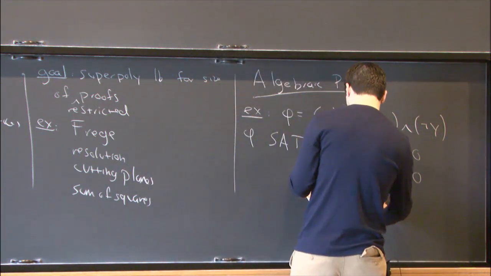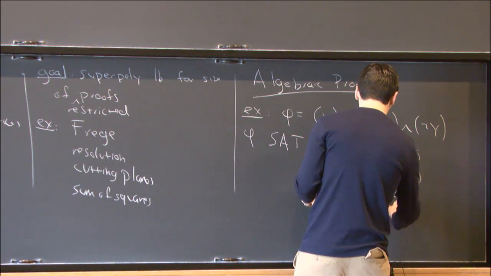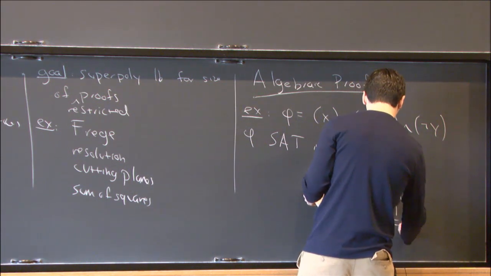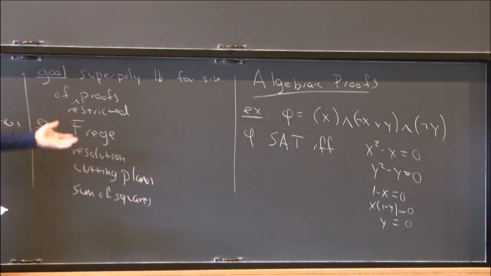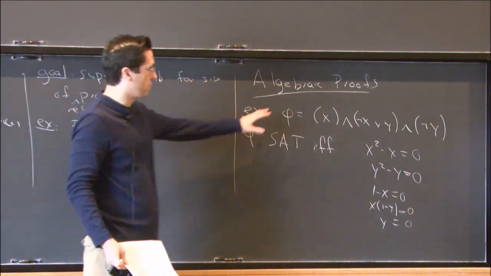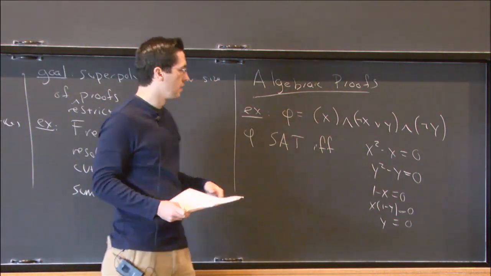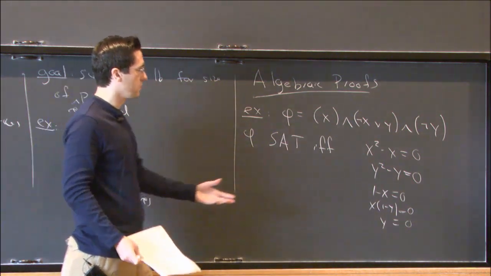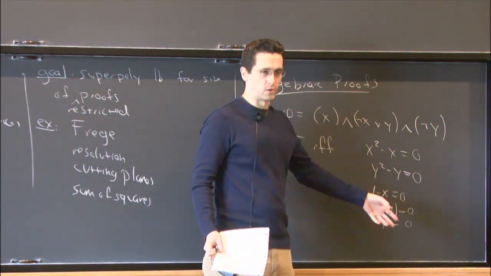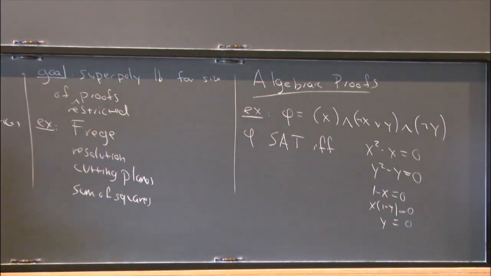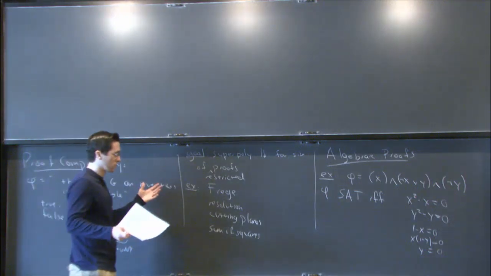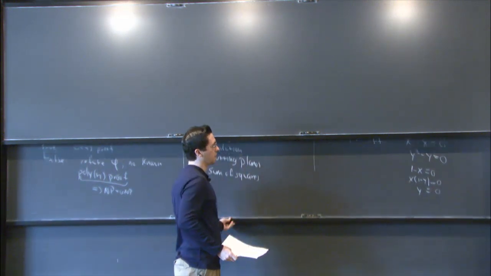Then you have x(1 minus y) equals 0, and y equals 0. So this is a way of encoding a Boolean formula into a system of polynomial equations, which preserves satisfiability. And so basically now you can say, given a system of polynomial equations, how can you prove that it's unsatisfiable? And that's the algebraic proof system stuff.